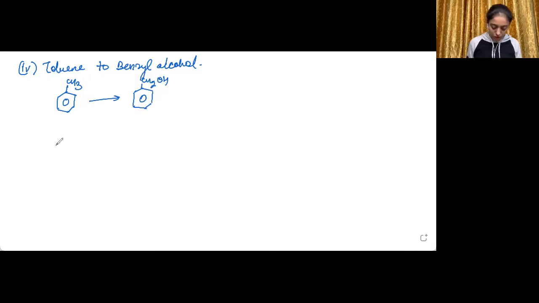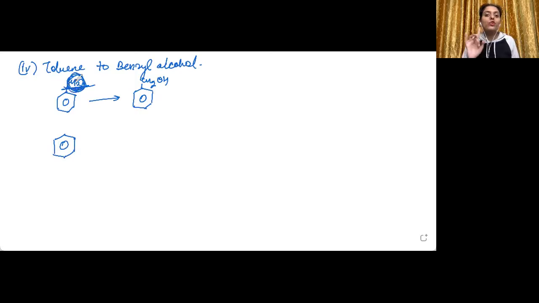Okay. Now what you will do, you will just think of how you can bring a halogen by replacing one of the hydrogens of CH3 in toluene. You need to bring one halogen here. Because we are now reacting the side chain, we need to carry out the reaction on the side chain, not on the benzene ring. So this will be behaving like alkanes.